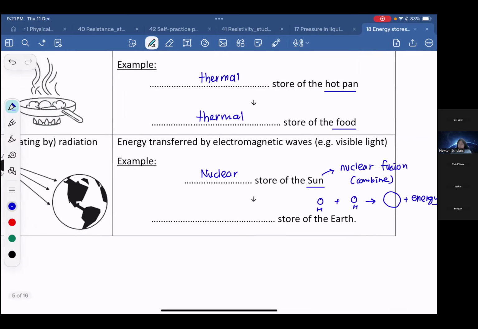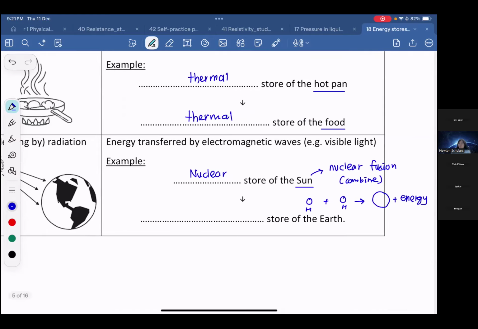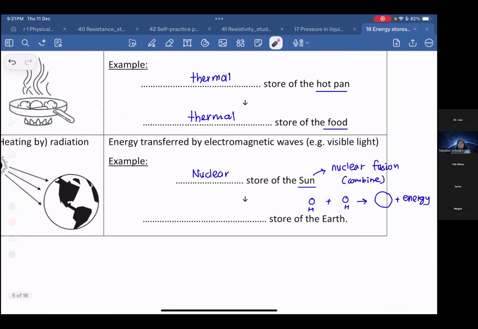Here, nuclear fusion happens in the sun, not on a large scale on our Earth. No, it's because hydrogen plus hydrogen both are positive charge. They try to repel each other. If you try to combine them, they will try to repel because they are the same type of charge. So in order to make this happen, to combine two same-type charges, we need a high temperature.